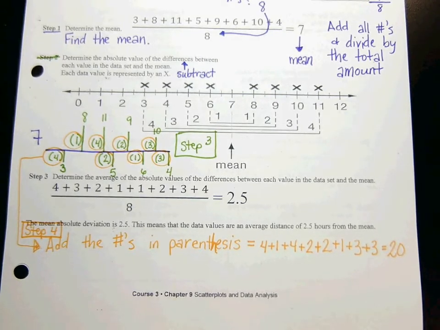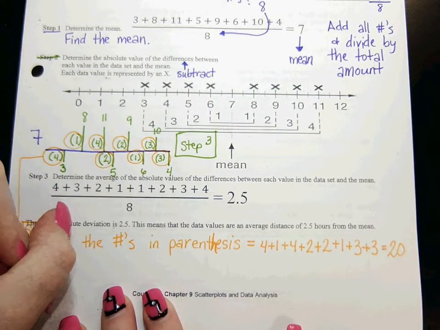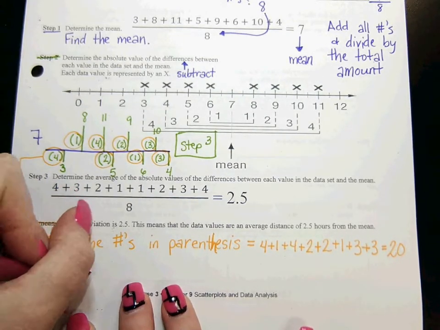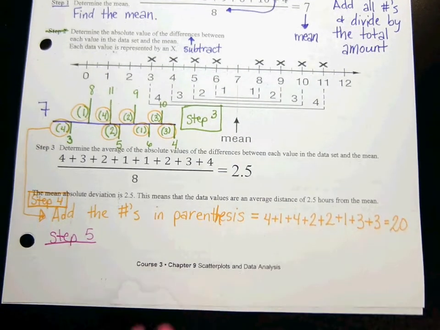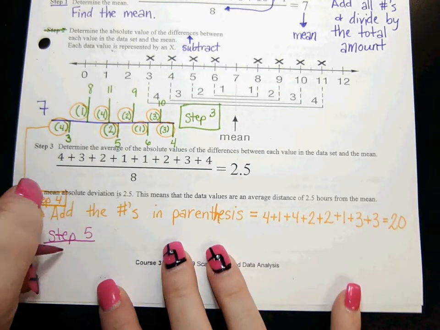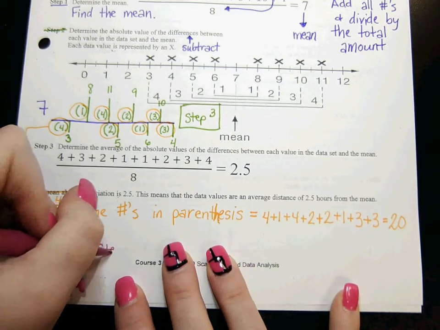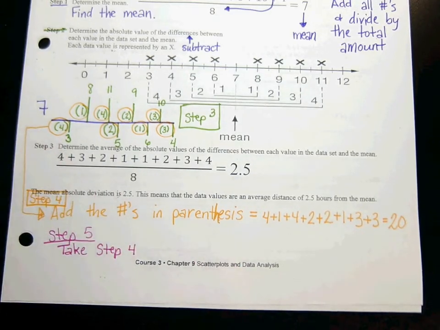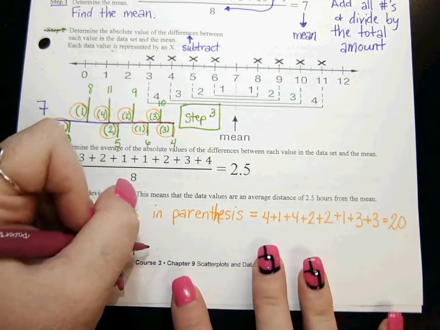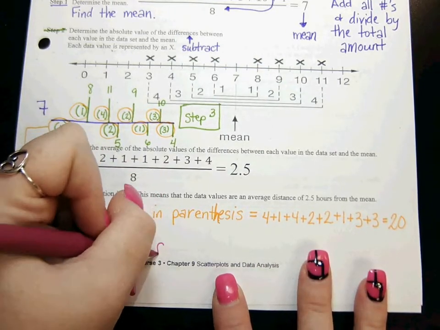Okay, so your next one, the final step, step 5, is to take step 4 and divide by the total amount of numbers. Find the mean again.